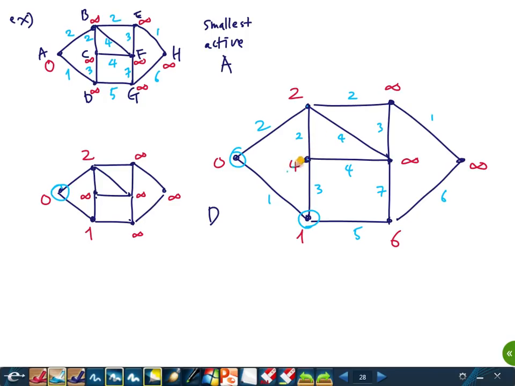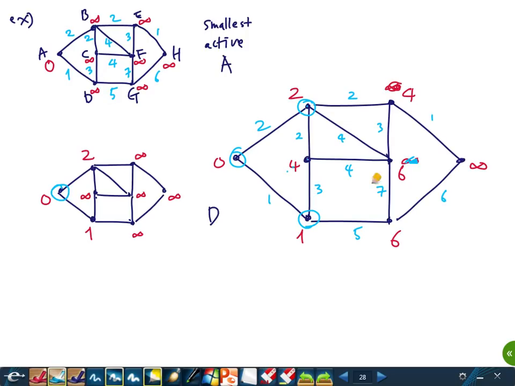It's 4, so it's the same, so you don't have to do anything. But what about this? It's 2 plus 4, 6 is smaller than this, so you replace this by 6, like this. What about this? From here, 2 plus 2 is 4. You replace this like that. We are done. So you now make this inactive.